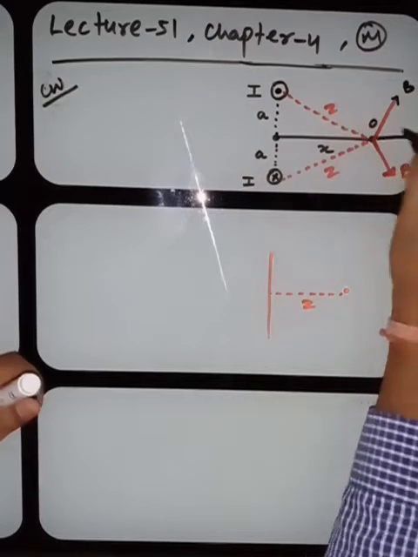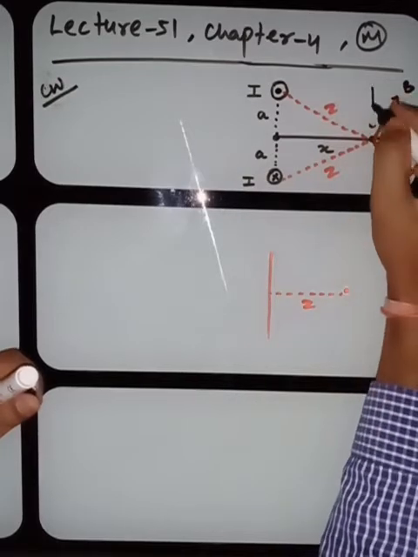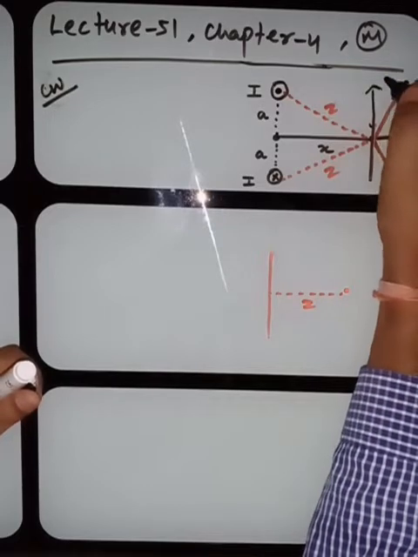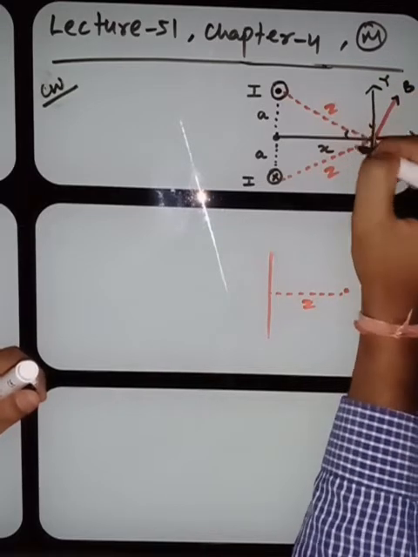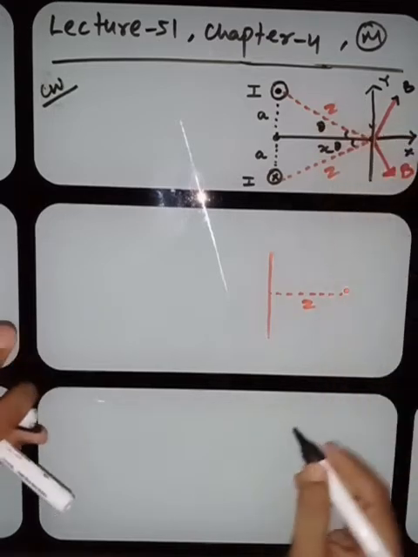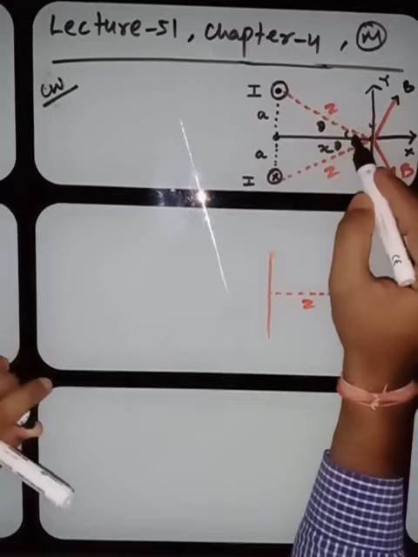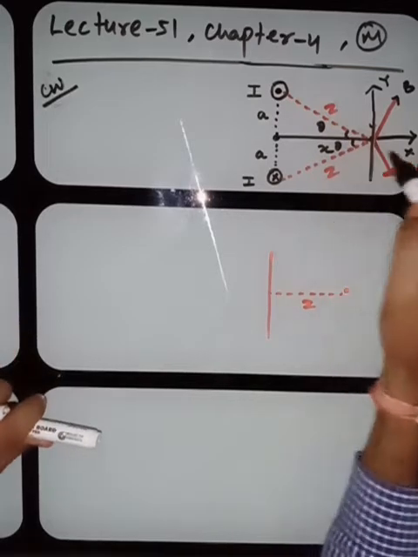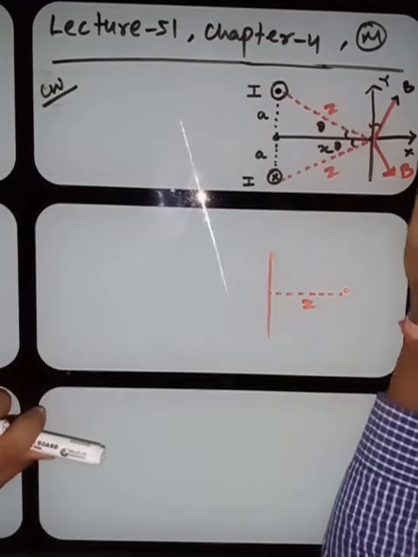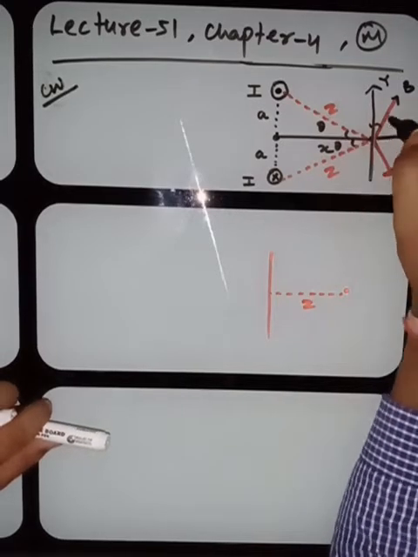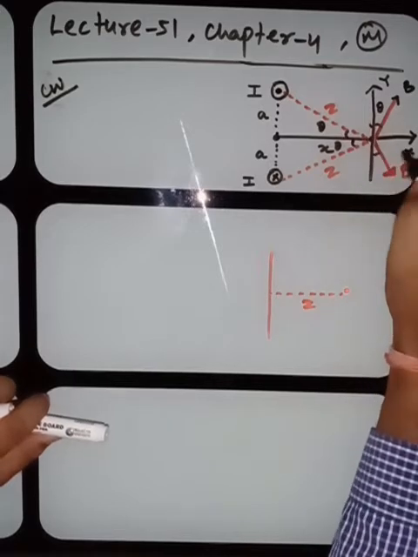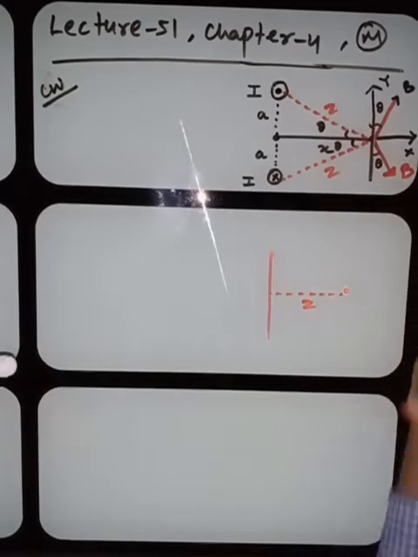Let me draw the axes. This is the x-axis and this is the y-axis. Suppose this is theta and this is also theta. If this is theta, then this will be theta. Am I right? Yes, if this is theta, then this will be theta, and if this is theta, then this will be theta.